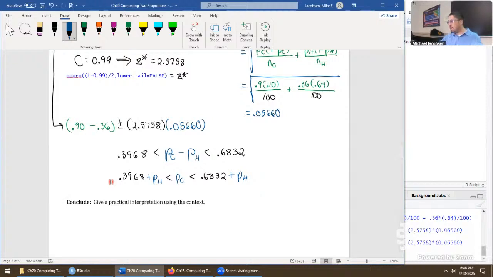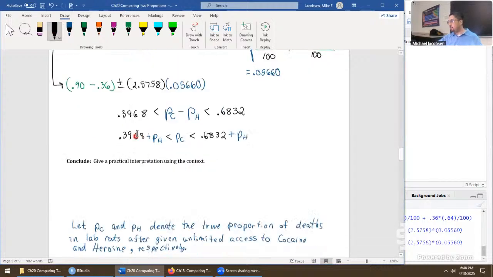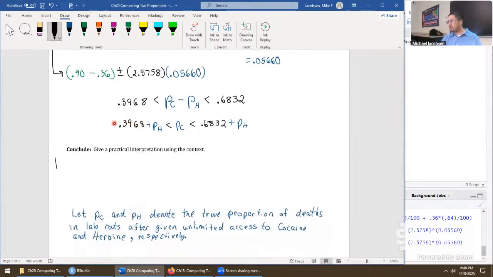I'm going to go on the bottom line here by the red line and say, now, with 99% confidence, I want to refer to this parameter here. It's the true proportion of deaths in labs after unlimited access to cocaine.